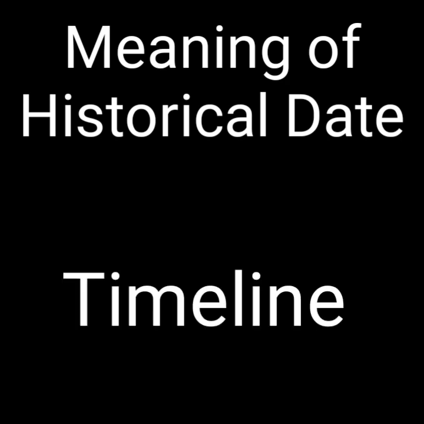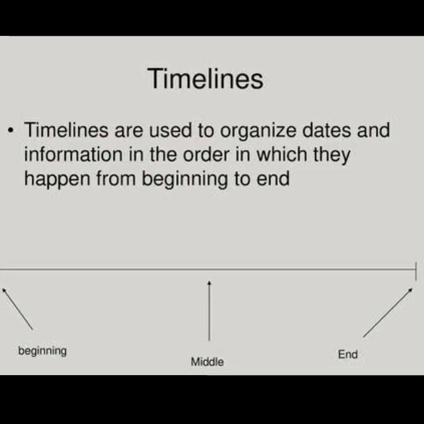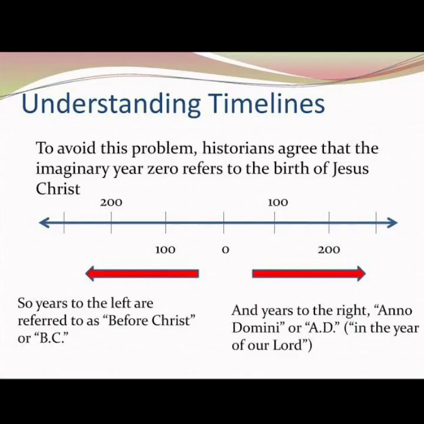Measuring the past. Meaning of historical date. To study history, we must understand the measurement of time. The birth of Jesus Christ is the reference point from which historians count dates.